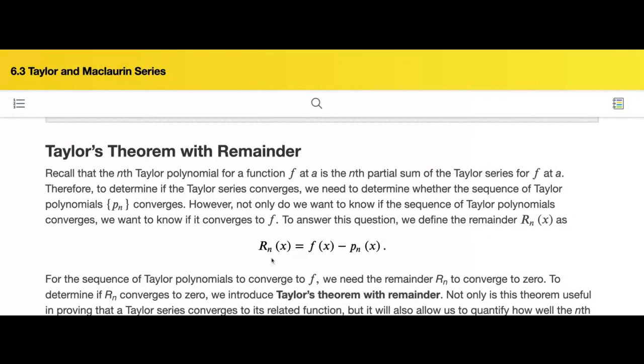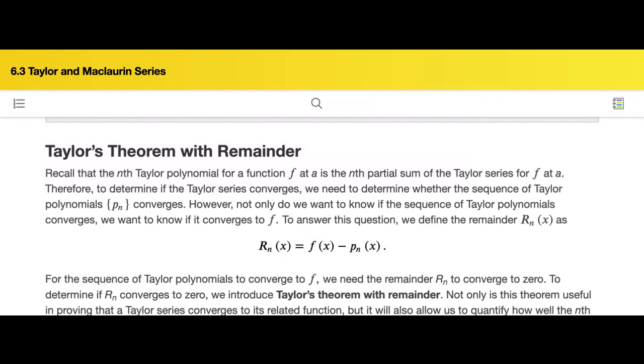So the remainder, we're going to use Rn of x. Pn is the nth order Taylor polynomial. So Rn is the rest of the terms in the infinite series.